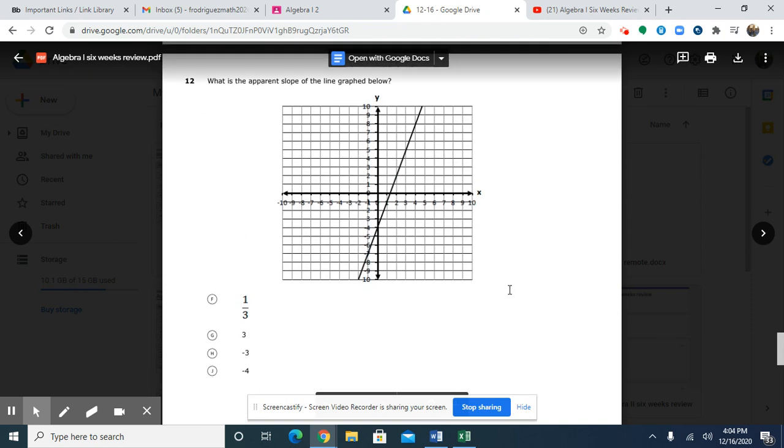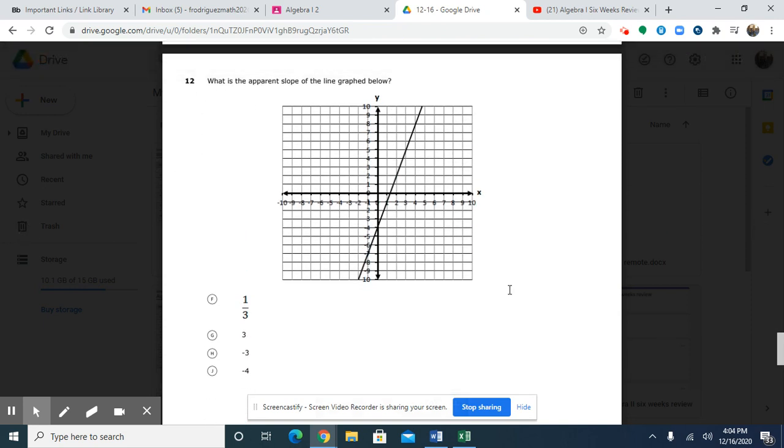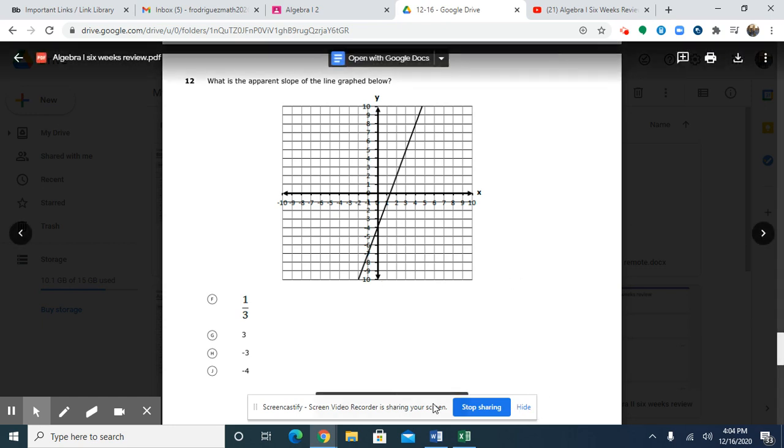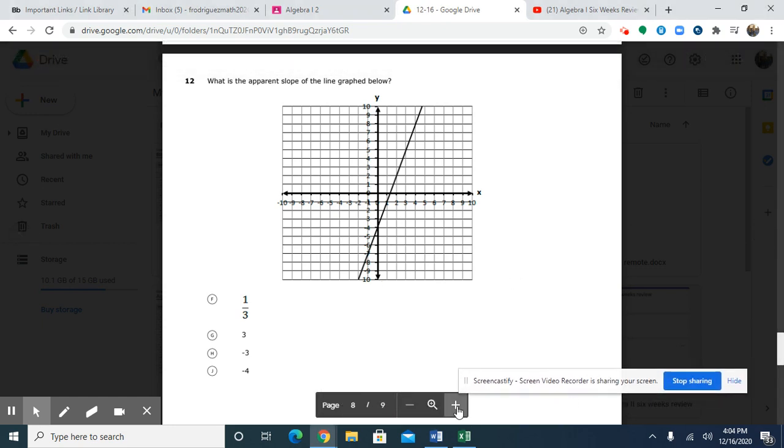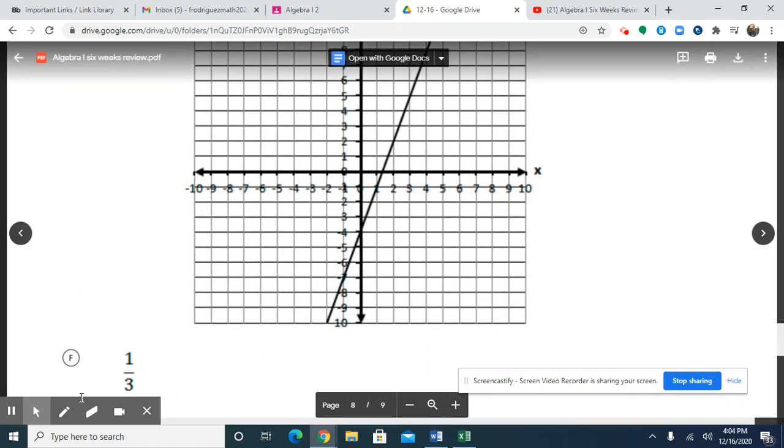Let's look at number 12, where we need to find the slope of this line. Now remember that our slope is going to be rise over run when we're talking about a graph. So I have a point at negative 4 and 0, and I have a point at 1 and negative 1.